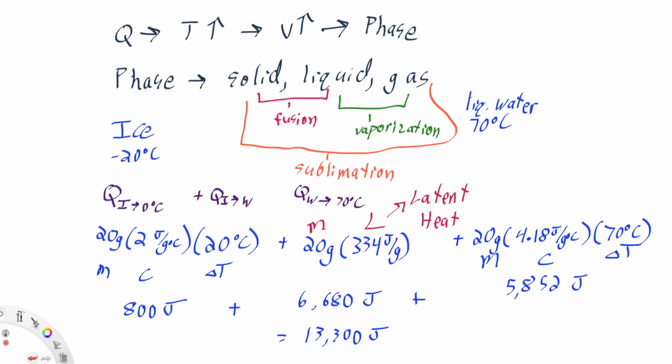So that covers all of chapter 13 except 13.6. 13.6 is about humidity and evaporation, and there are equilibrium vapor pressures that exist above liquids.